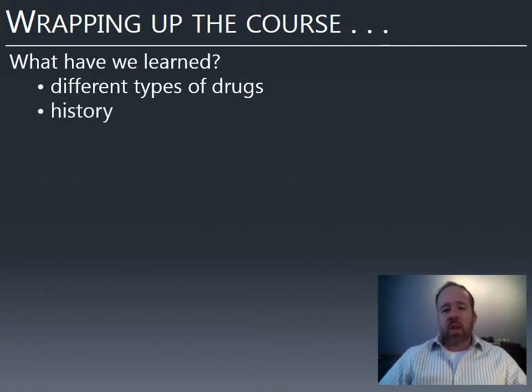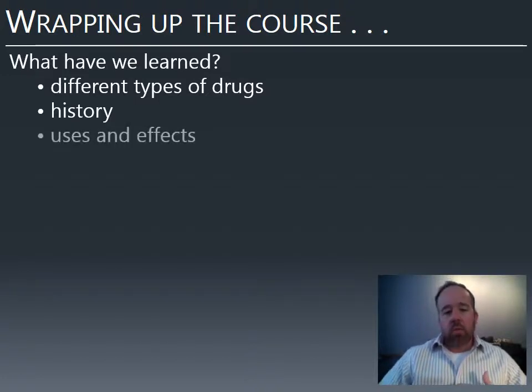And we've also learned about the history of these drugs and how different societies have looked at drugs and how individuals have used drugs. We've also looked at how drugs have been used and what effects they have, both at the physiological level, the psychological level, the behavioral level, and finally the societal level.